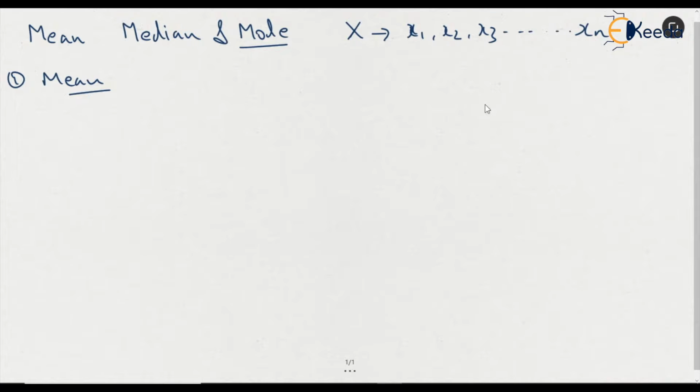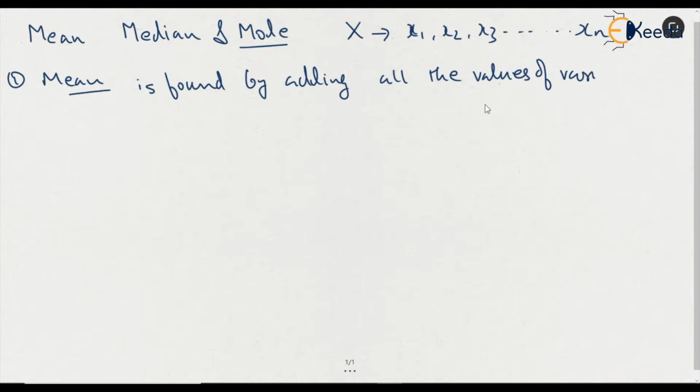So mean is found by adding all the values of the variable and dividing by the number of values.